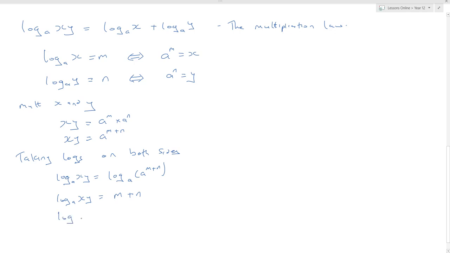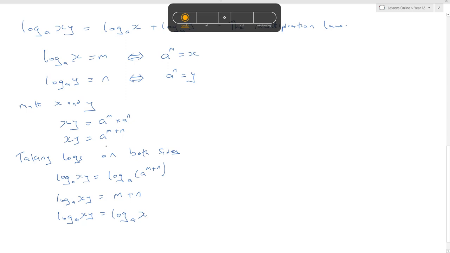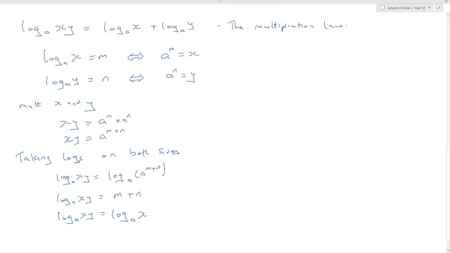I can say log to the base a of xy is equal to m, and I said that m is equal to log to the base a of x, and n is given by log to the base a of y. So that's plus, which is what I set out to prove. So that's job done on the first one.